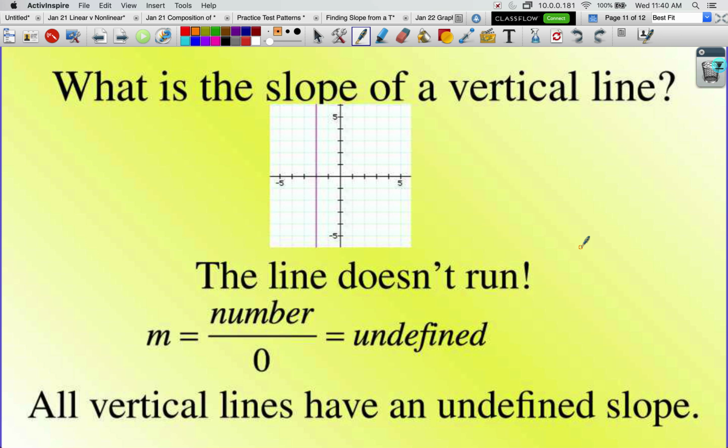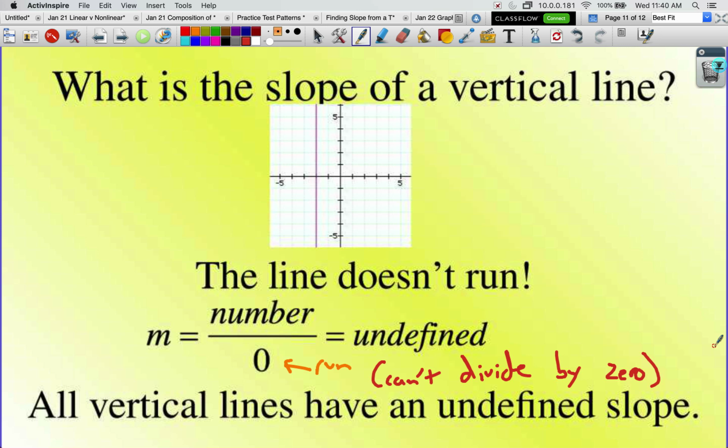What is the slope of a vertical line? A line that doesn't run. So here the run is 0, but we can't divide by 0. It's just not possible in math. Dividing by 0 is like if you've got 5 cookies and you want to give some cookies to each of your friends, but you have 0 friends, how many cookies does each friend get?